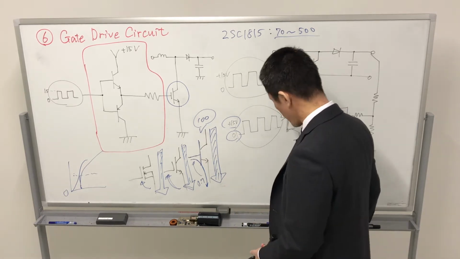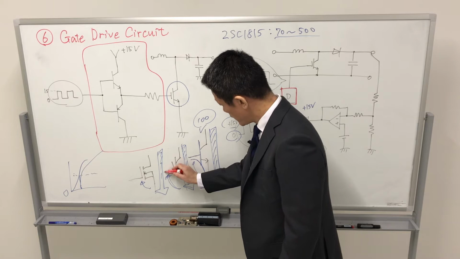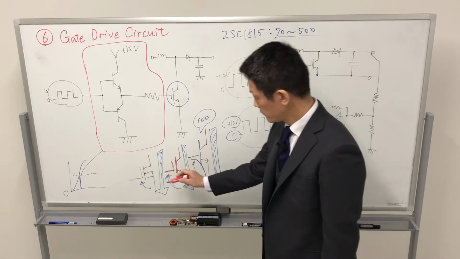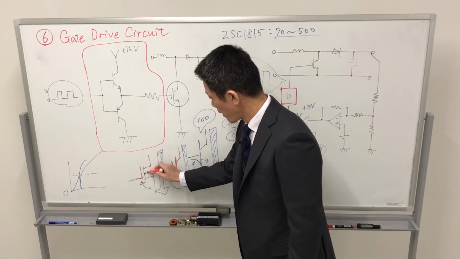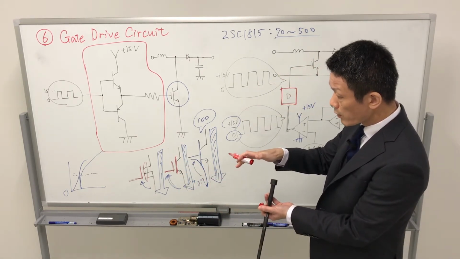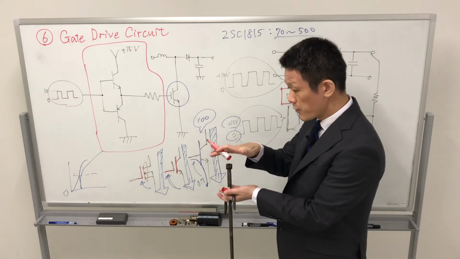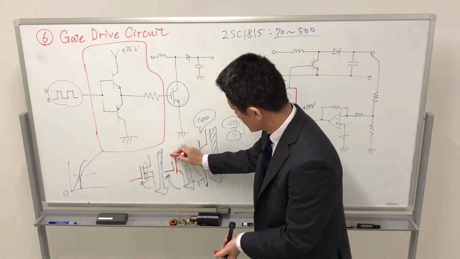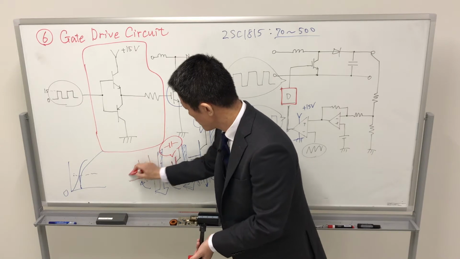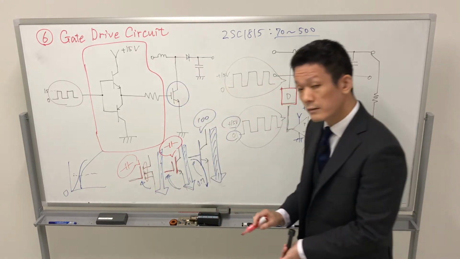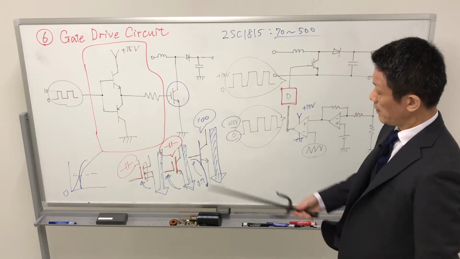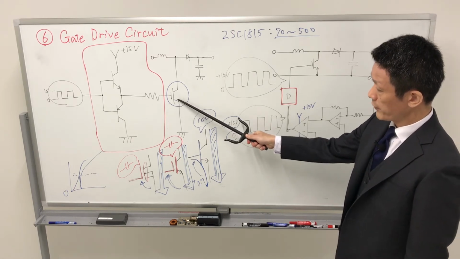However, in this type, the gate side and power side are isolated. The conduction material is isolated, and this means a capacitor occurs.